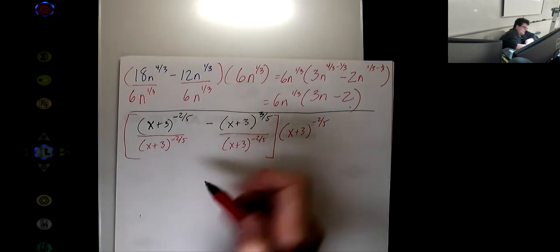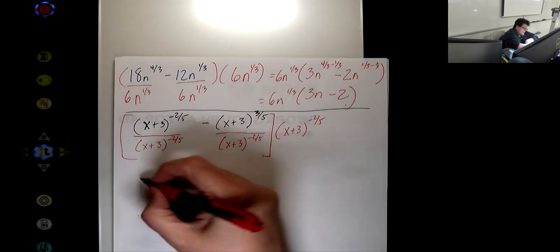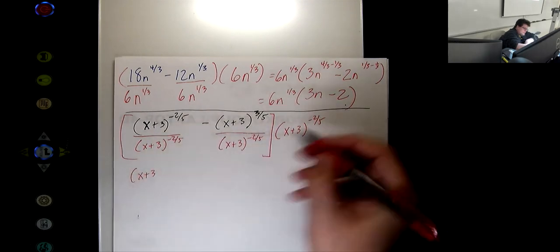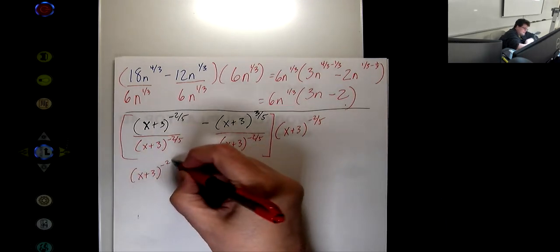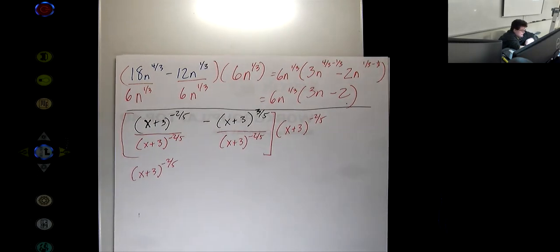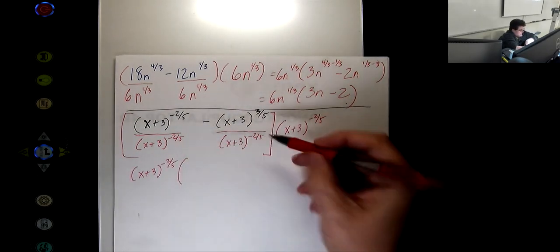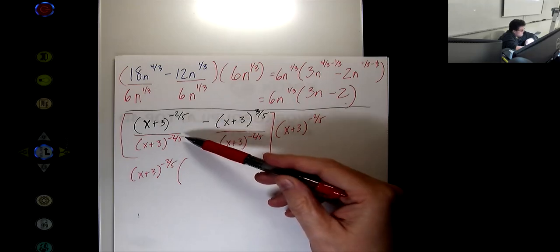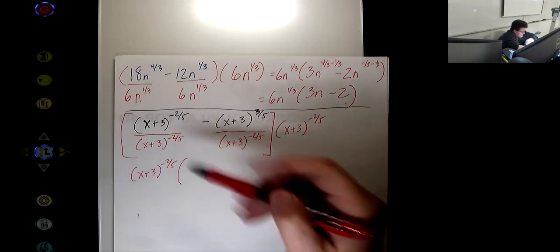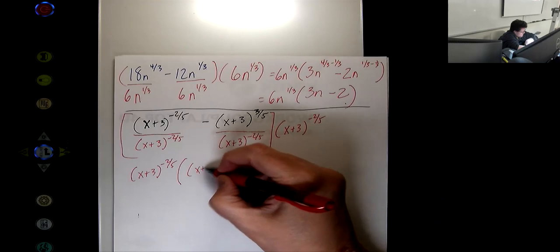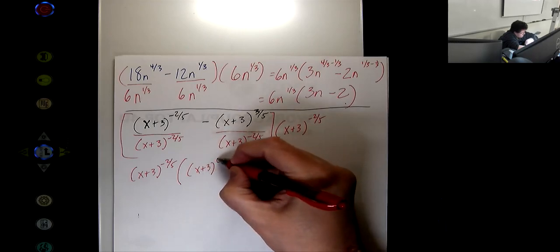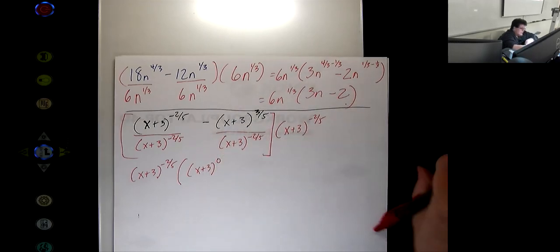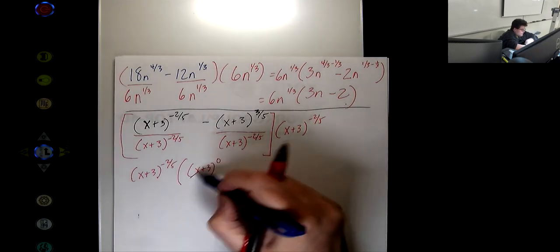All right, so we can do the subtraction. I'm going to put that x plus 3 to the negative, this one I'm going to put to the front. I've got -2/5 minus -2/5. That becomes x plus 3 to the 0, which is 1.